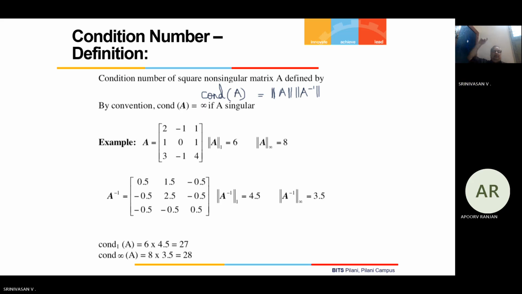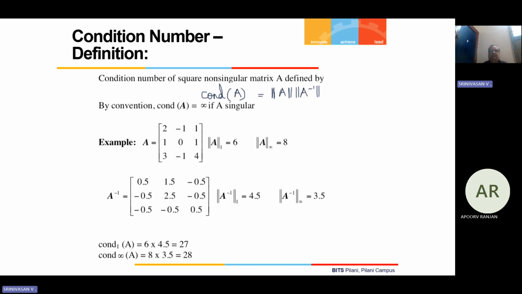Sorry, it's not minus 0.5, take the absolute value. So 1.5 plus 2.5 plus 0.5, 4.5. Last column, 0.5, 0.5, 0.5, 1.5. So norm A inverse suffix 1 is 4.5 from the A inverse matrix.